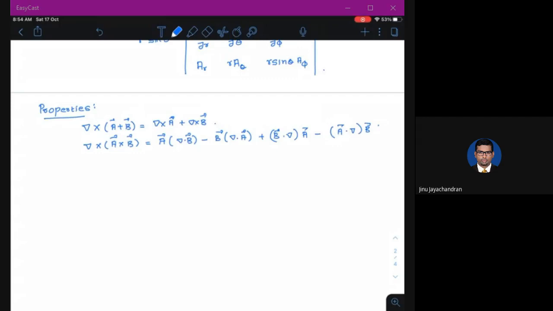Okay. Similarly, if you do del cross V into A, this is V into del cross A plus del V cross A, where V is a scalar.